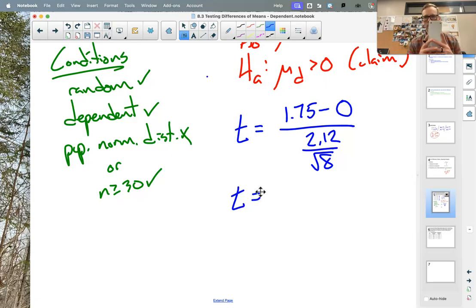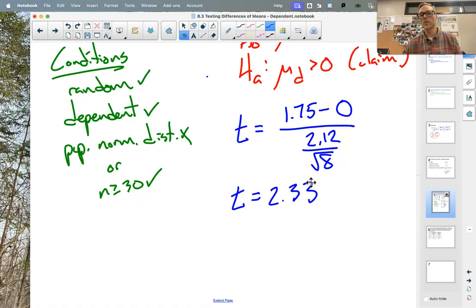Grabbing the handheld calculator for this: 1.75 divided by 2.12 over the square root of 8. I got about 2.33.